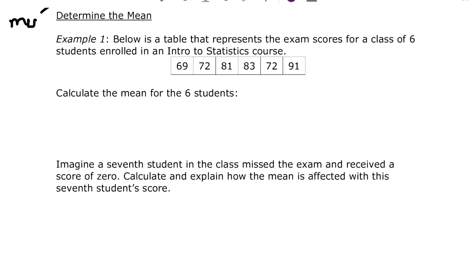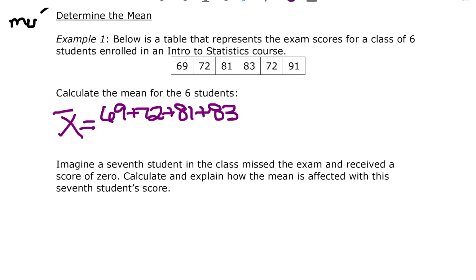Using the proper notation, I have my X bar, and that's going to equal, I'm going to add up all of these numbers: 69 plus 72 plus 81 plus 83 plus 72 plus 91. And then I'm going to divide it by the number of observations that I have.